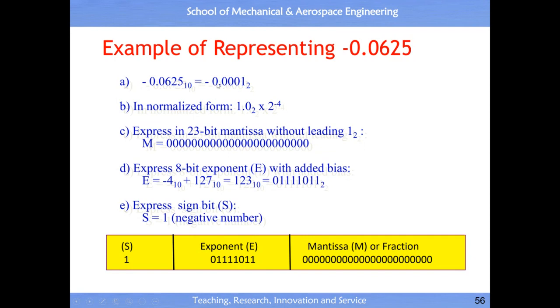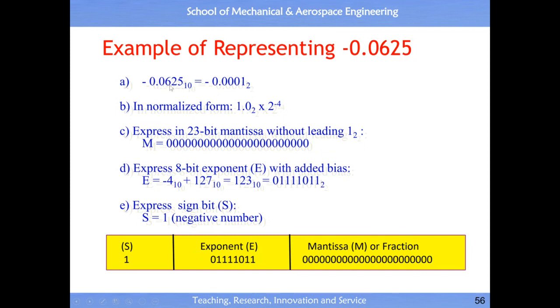And this is negative. So I let you do the conversion. You times this one by 2, continue to times by 2. Then you get all these integer parts, and the last one you get the 1 here. So this is 0.0001 in binary number.